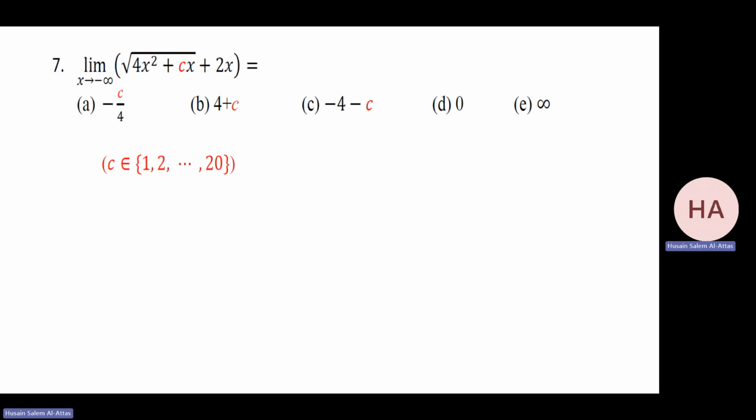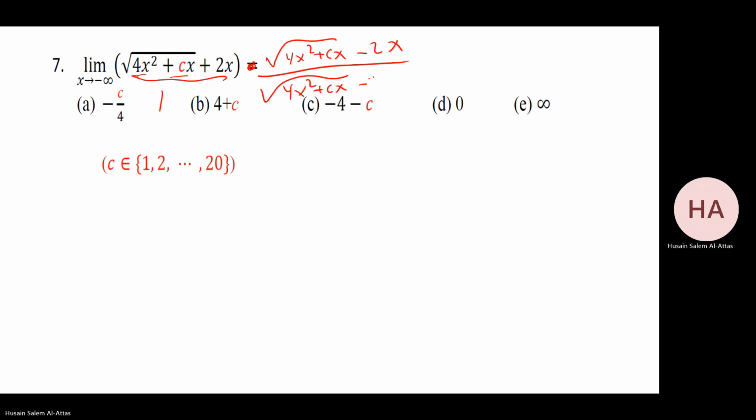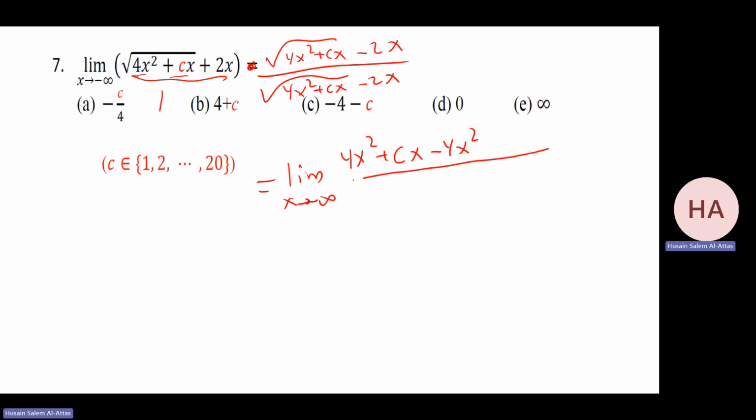I want to do this limit. If we substitute, you have infinity minus infinity, so you need to be careful. What you will do, you need to simplify y over 1 and do the rest of the calculation. Just rationalize. What you will get: limit as x goes to minus infinity of 4x squared plus cx minus 4x squared.